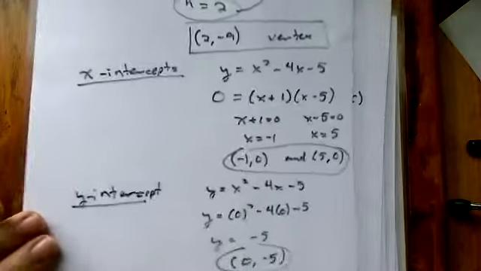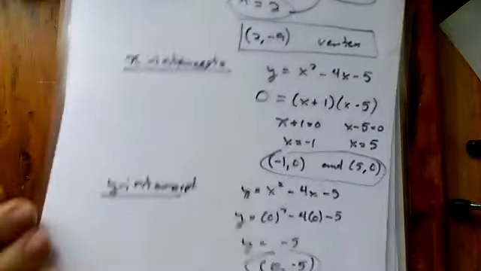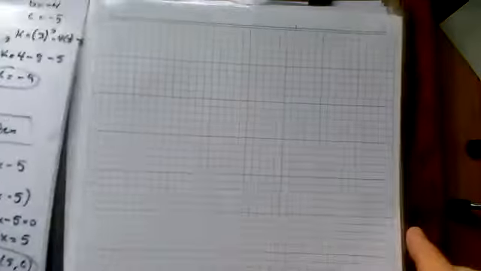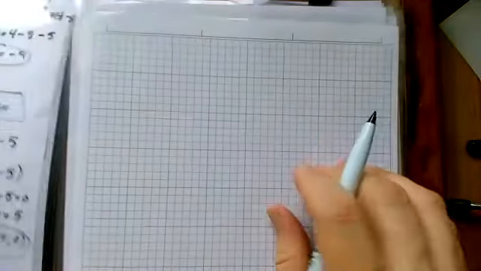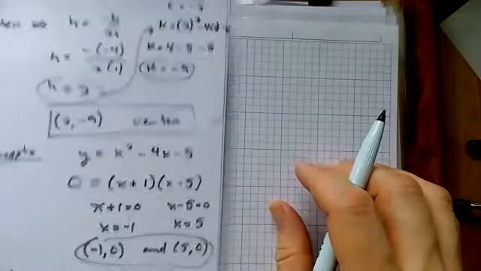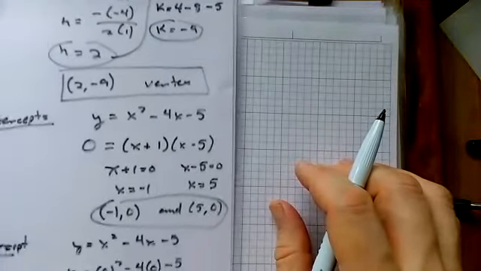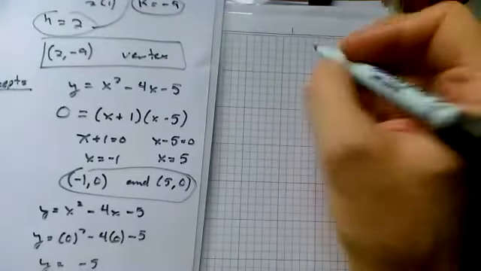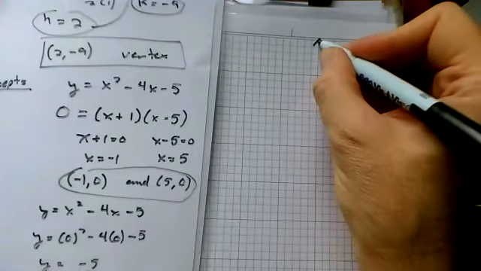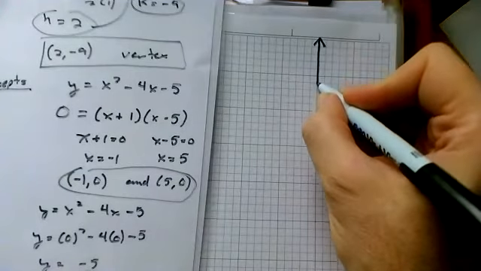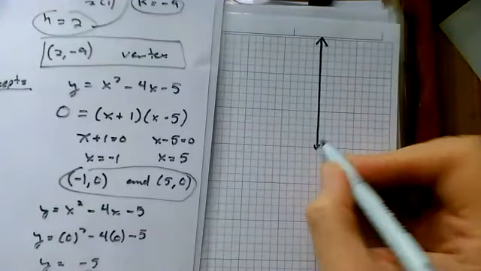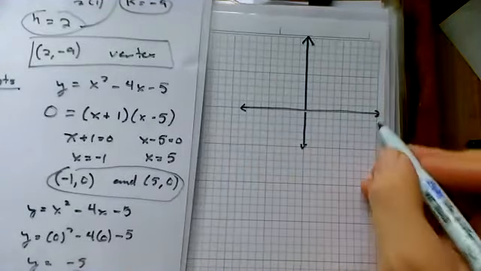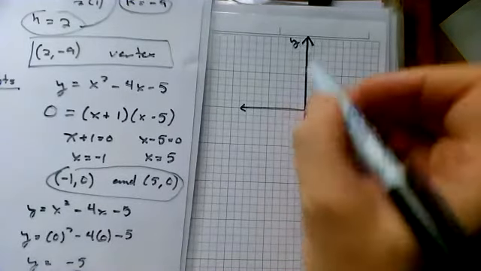So let's take these points and graph them. For this, we had our vertex, we had a couple other points. Let's go ahead and set up a graph. There's my x, here's my y.